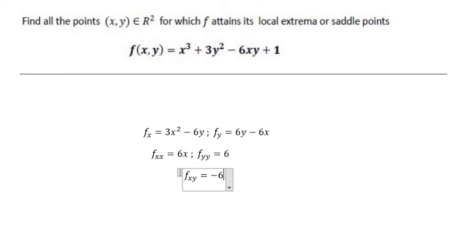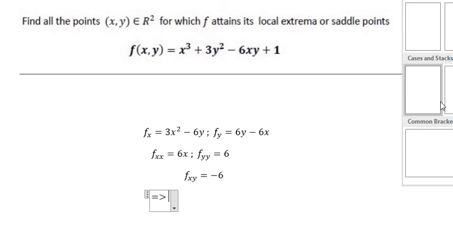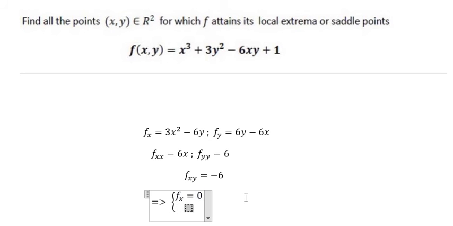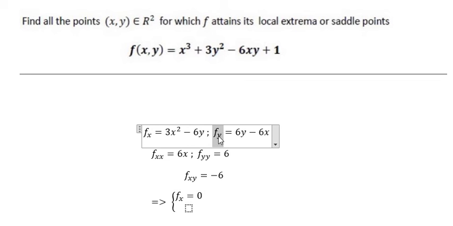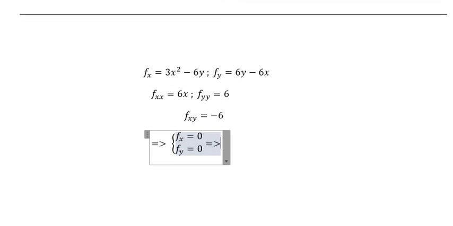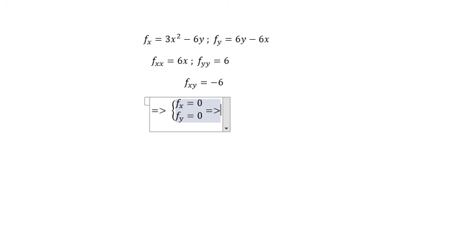Now we need to find the critical points. We put this one equal to 0, and similarly f_y equals 0. So we have a system of equations.